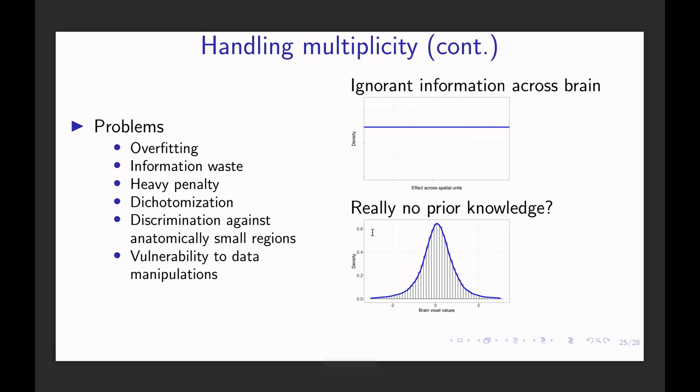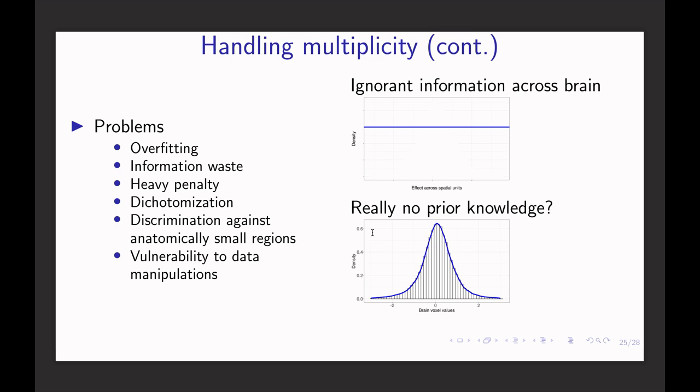But there are many problems. I can go on and on forever, but let's just focus on a few. What's wrong with the traditional approach? First of all, there's a big problem called overfitting. What is overfitting?